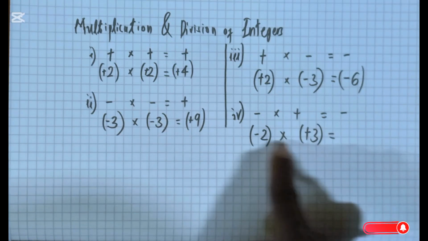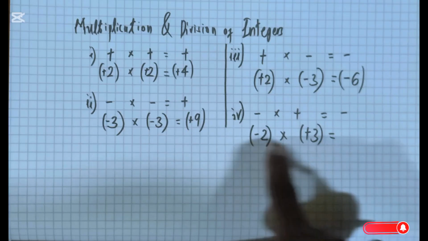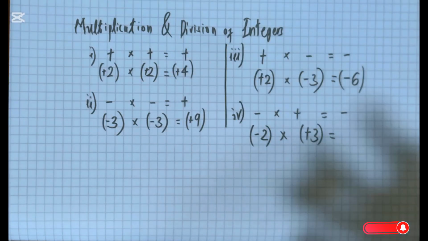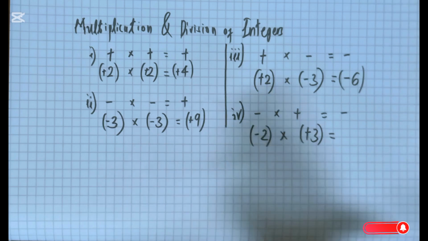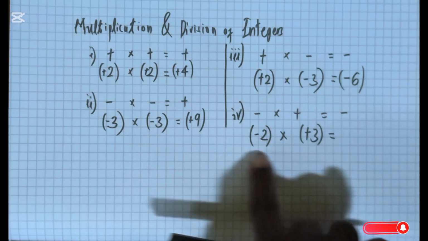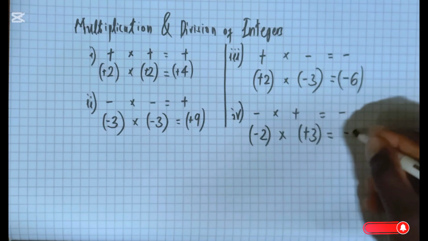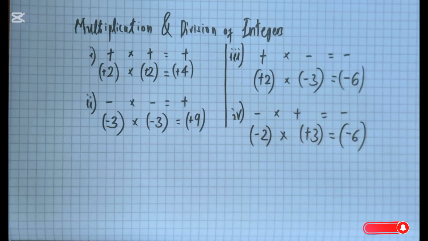So long as the signs are not the same, always expect a negative number. That's the essence of these rules, the summary of all of it. Negative 2 times 3 is going to give us negative 6. And that is it for these rules that we are always supposed to observe when we are multiplying.